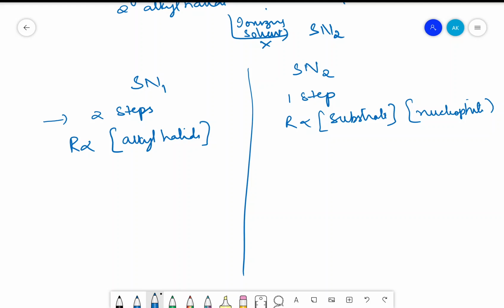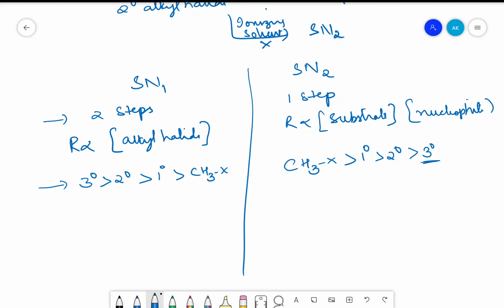The reactivity order of halides for SN1 is first tertiary, followed by secondary, followed by primary, followed by CH3X. For SN2 the first preference is to CH3X methyl halide, followed by primary, followed by secondary, and last is tertiary. In tertiary it is difficult due to steric hindrance, which we have seen just now, due to bulky groups.